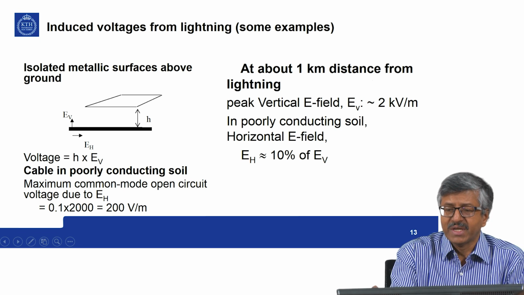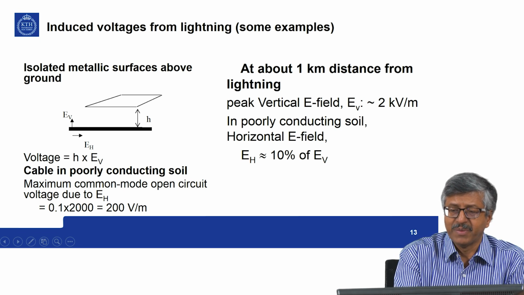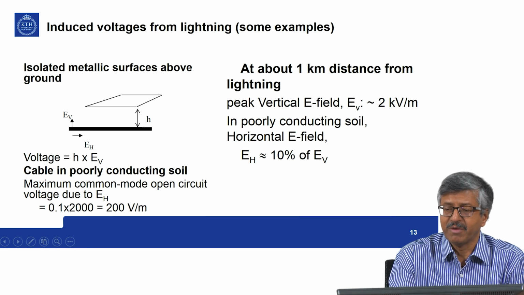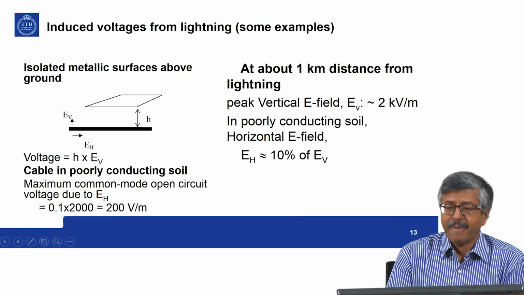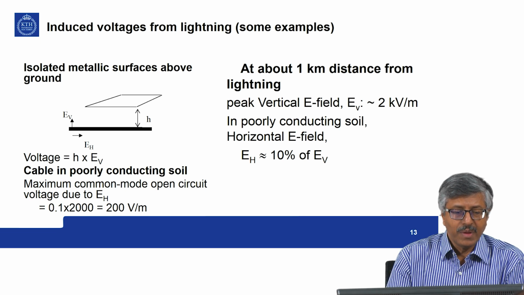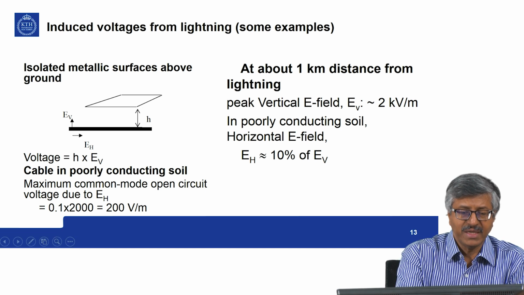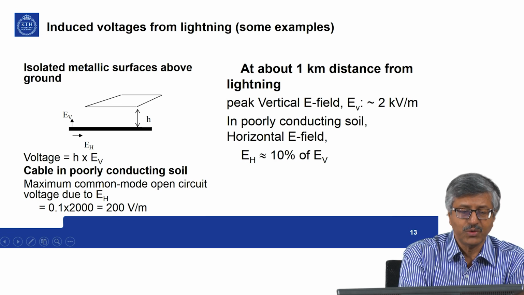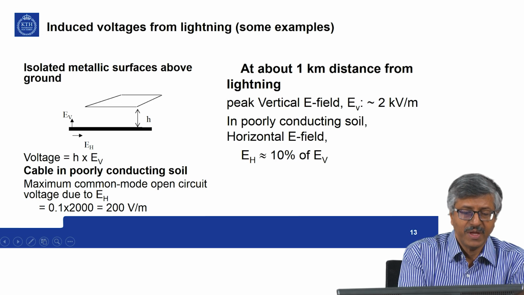At about 1 kilometer distance from lightning, let us say peak vertical field is 2 kV per meter. Then you can see that if height is h, if it is 1 meter, then you get 2 kV voltage, this floating voltage.